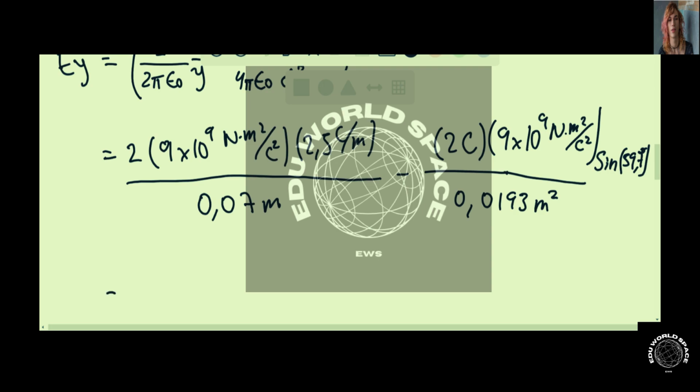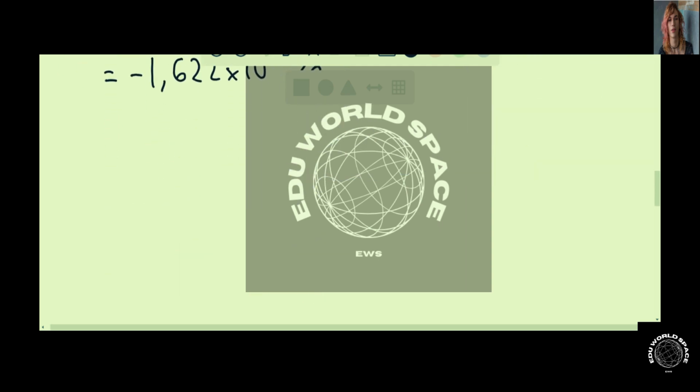So putting this into the calculator, we obtain a value of minus 1.622 times 10 to the 11 newtons per coulomb. So putting these two values that we just have obtained into the equation for the net electric field, we will have something like this.